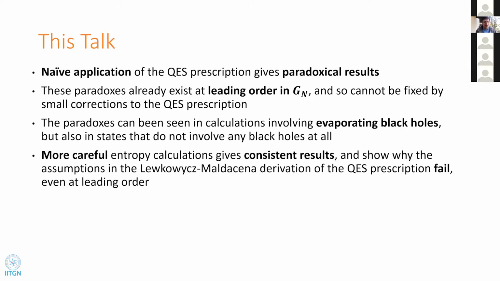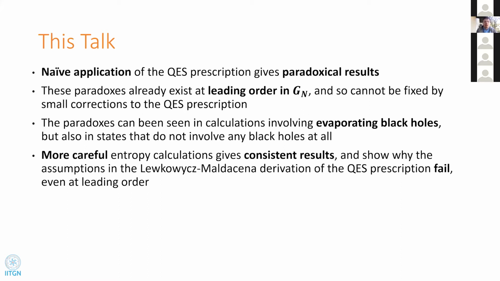The second major point is that if you do the entropy calculation more carefully and include a larger family of saddles, then you do get consistent results that don't have any contradictions, but don't agree with the quantum extremal surface prescription.